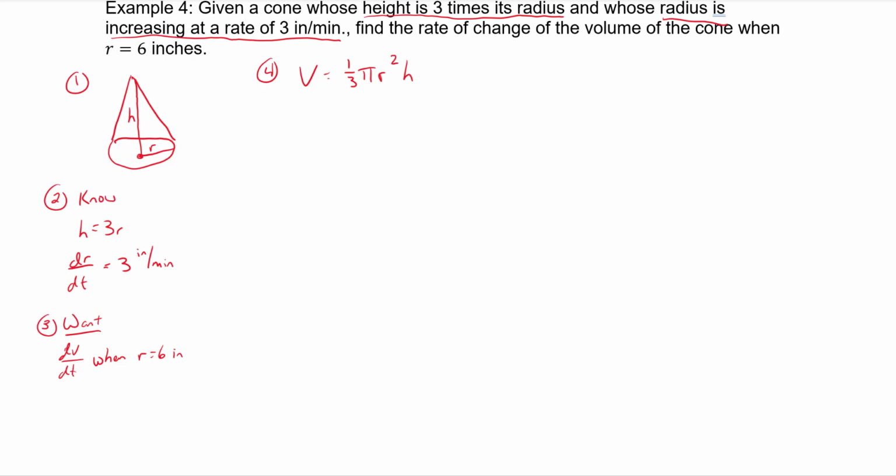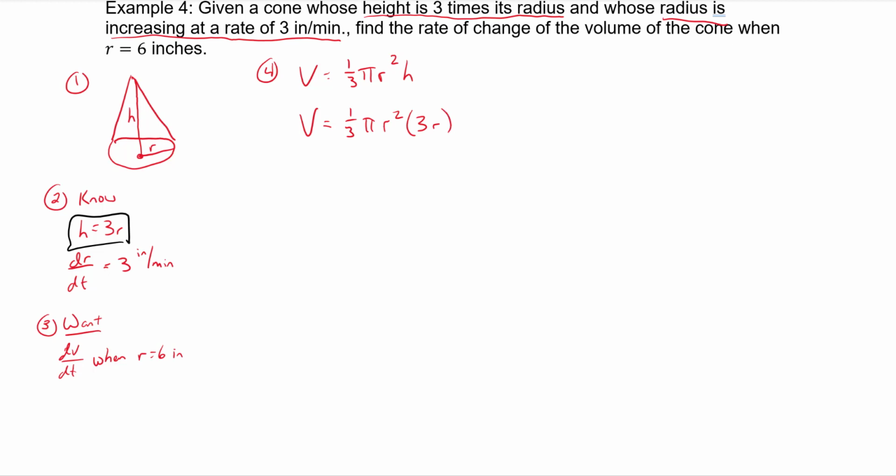So to do that, can we rewrite height in terms of another variable? That's right. We know height is 3 times the radius, so that lets us rewrite our equation. Volume, substituting in what we know, is pi r squared times 3 times the radius, right?